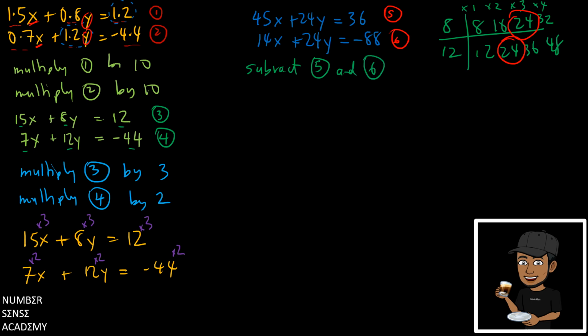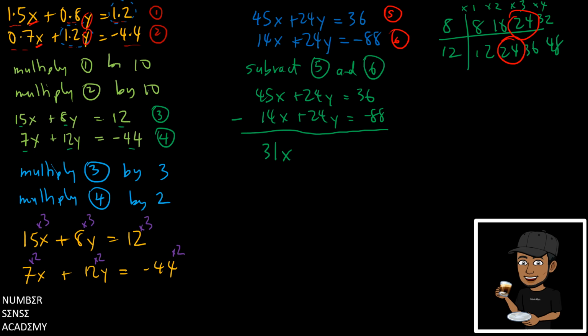All right, so I have 45x plus 24y equals 36, minus 14x plus 24y equals negative 88. Okay, so 45x minus 14x gives me 31x. Yeah, it's 45 minus 14 because they're both positive.